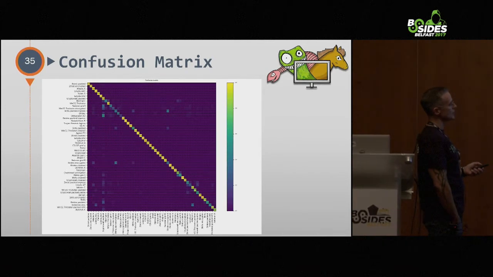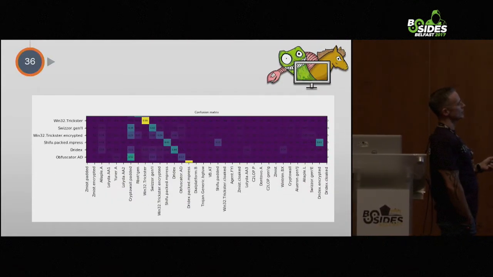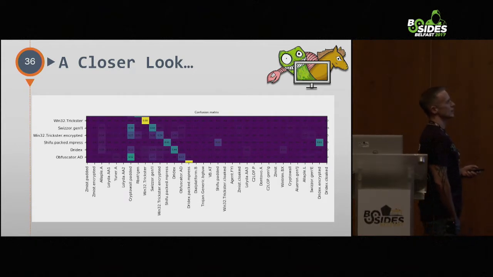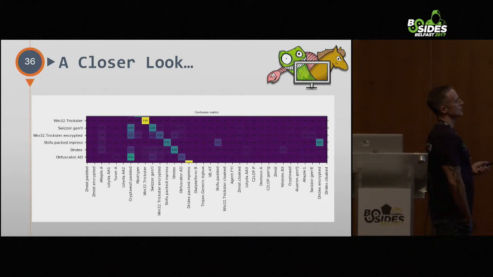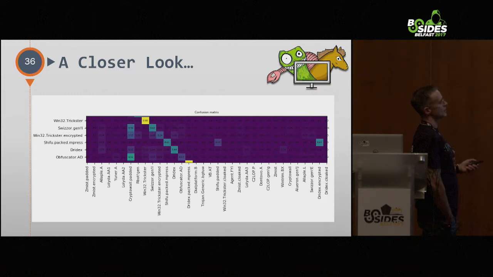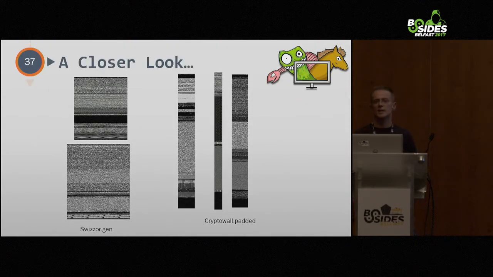This CryptoWall padded one caused a bit of trouble for a few of the families in the predictions. The CryptoWall padded itself had quite a high classification rate of 95, but others like SwizzerGen and Obfuscator obviously thought that they were CryptoWall. I'll just show you the difference here. That's Swizzer, and that's what it was classified as. There's no apparent patterns that look the same there.